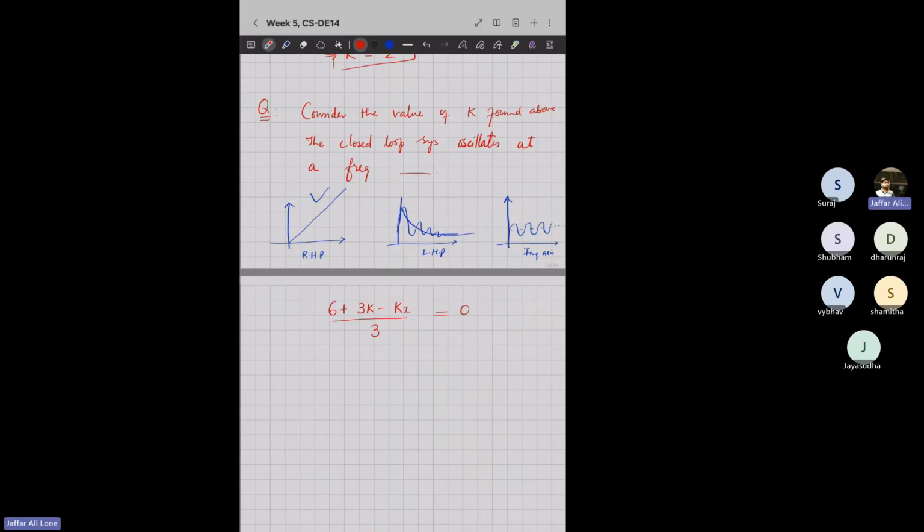Now this should be 0, because it's given that the system oscillates at a frequency. It means there should be a row of zeros. We know my K is given as 2, so it's 6 plus 6 minus Ki by 3 equal to 0. So it will vanish, and my Ki will be equal to 12. So I got my value of Ki to be 12.